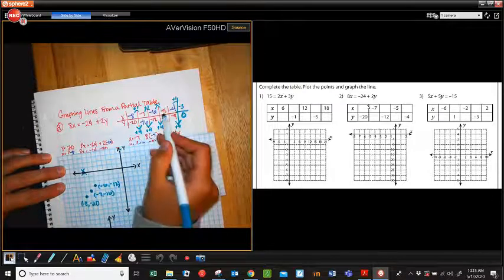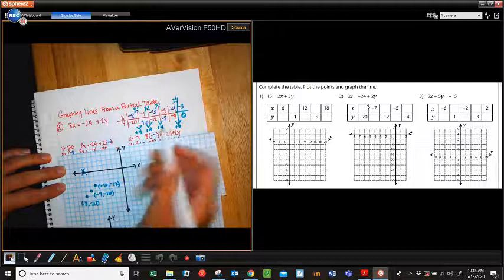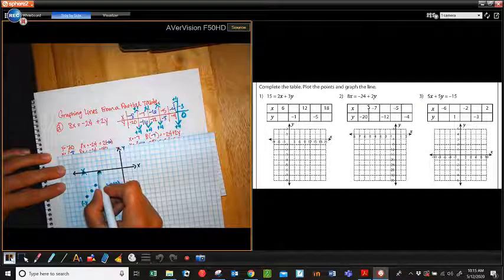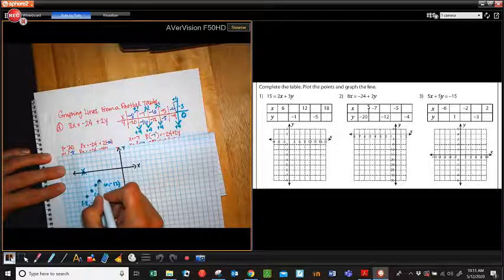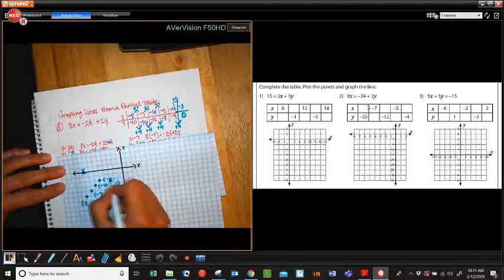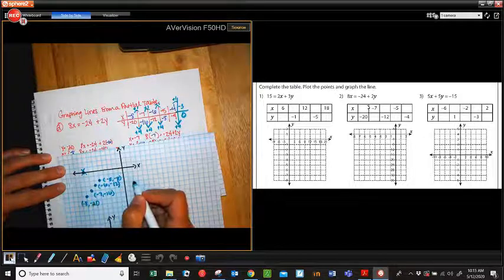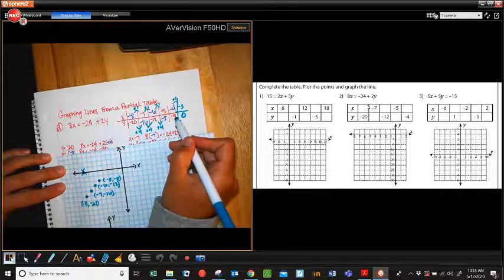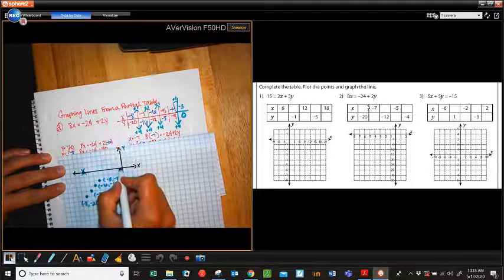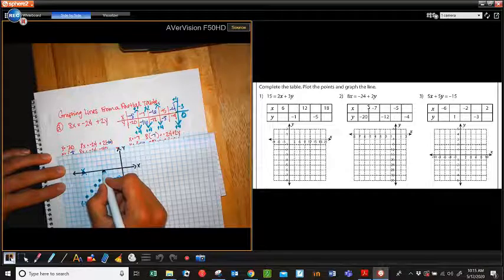Fourth point, -5, -8. I'm going to go to the left, 1, 2, 3, 4, 5, down 8 by 4s, 4, 8. Next point, -4, -4. To the left, 1, 2, 3, 4, down 4, counting by 4, so 4.